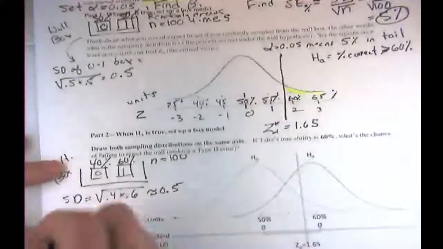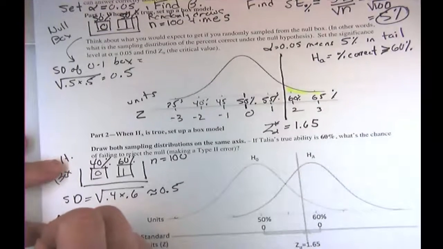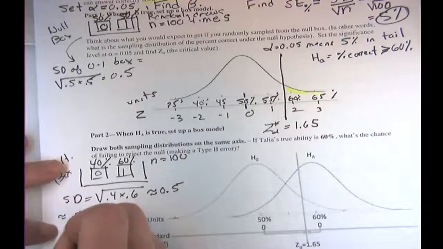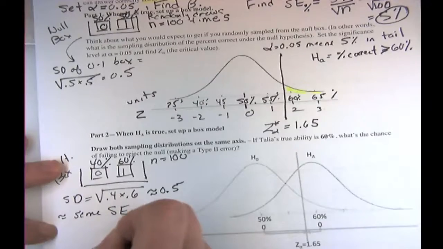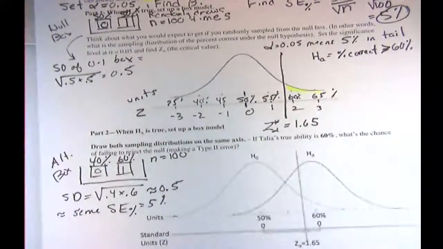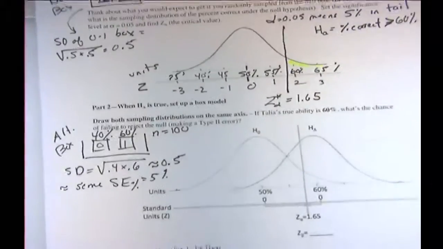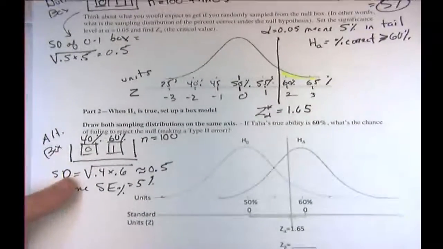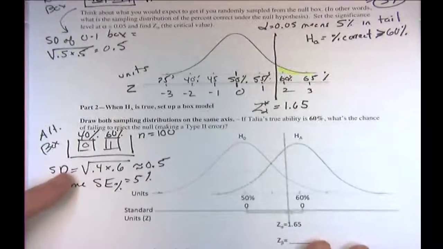So we'll say we have approximately the same standard error of the sample percent, equal to 5%, for both of them. Okay, so now that makes it easier and more intuitive. And now what do we need to do?